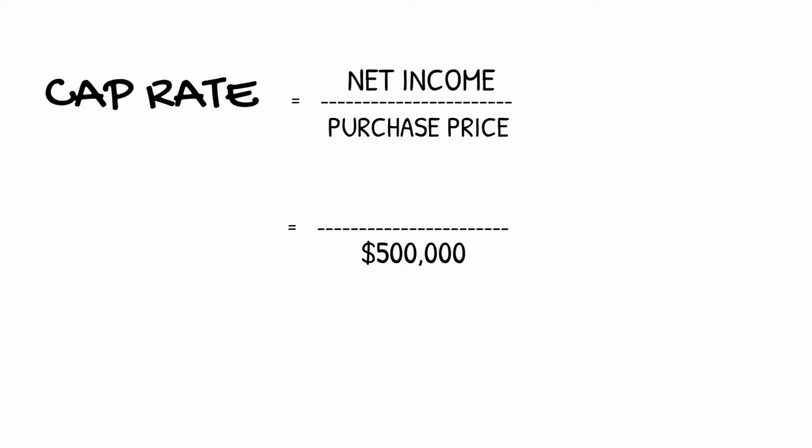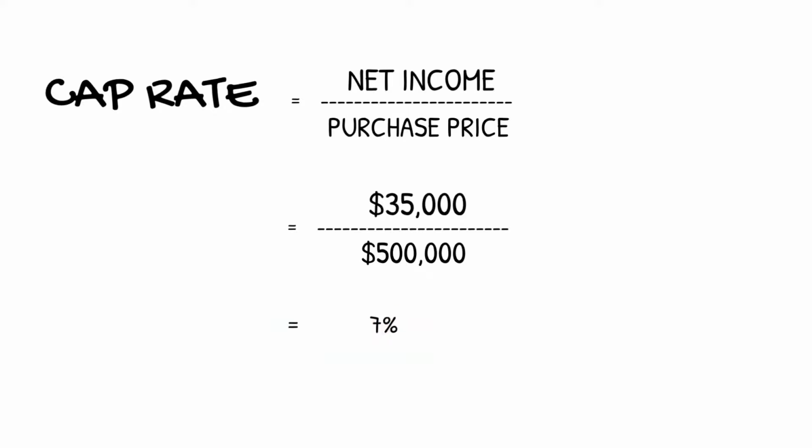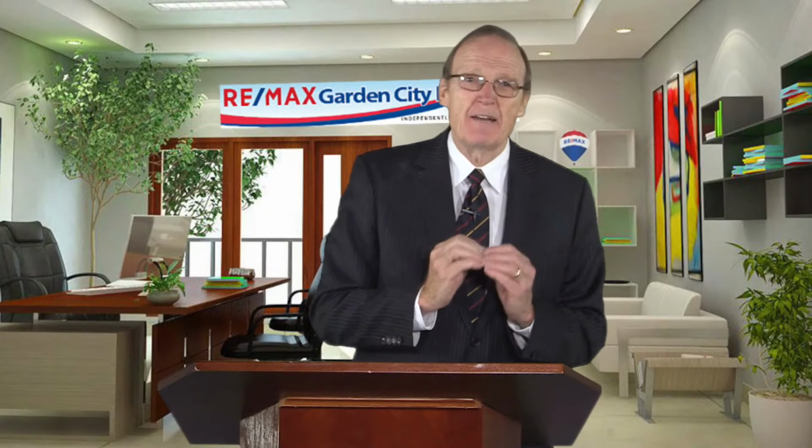And let's suppose that the amount of money that it brought us each year after expenses such as insurance and taxes and maintenance was $35,000. So our cap rate would be the net income divided by the purchase price, or $35,000 divided by $500,000 times 100%, which is 7%.